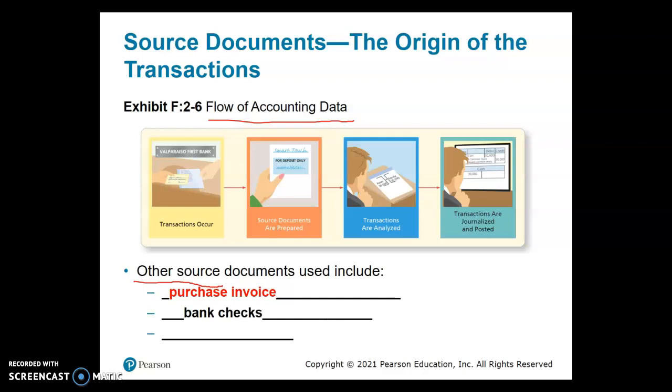Maybe we wrote a check. That would be a source document. It tells us how much money came out of our checking account. And a sales invoice. Maybe we've sold something to a customer. We need to record that sale. That is a source document. So that gives you an example of different types of source documents.